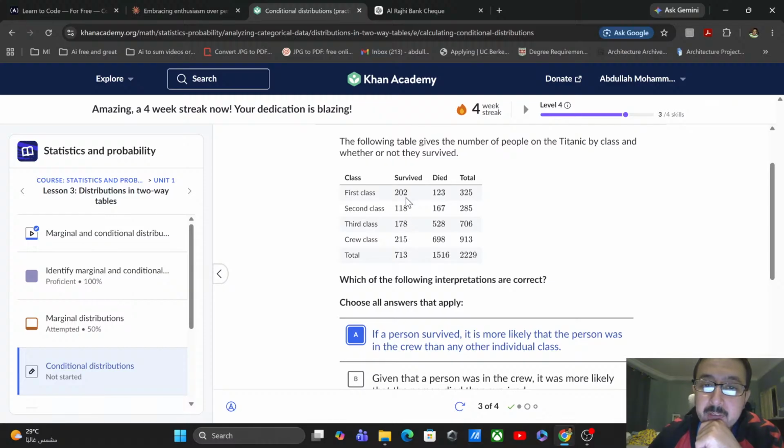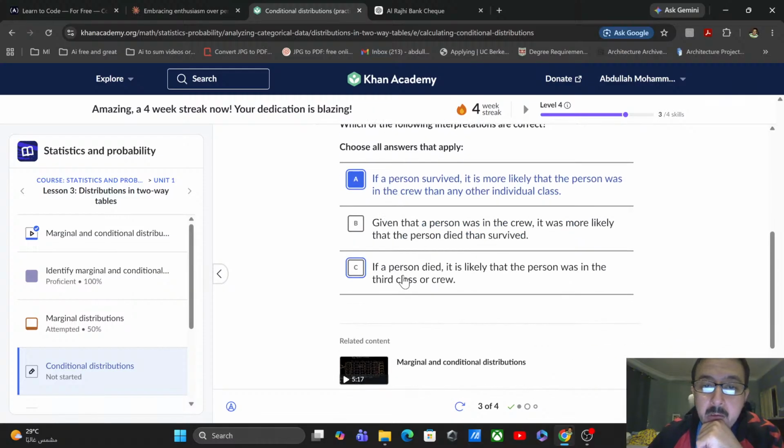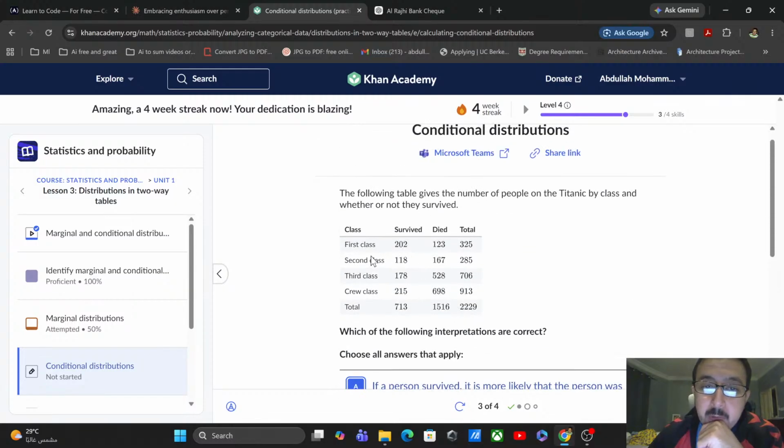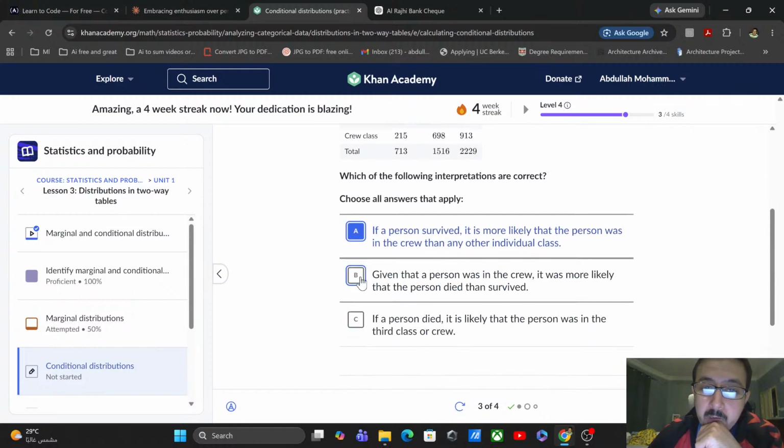Not a big difference, but given that a person was in the crew, it was more likely that the person died in that cell than survived. Crew, correct. If a person died, it's likely that the person was in the third class or crew.